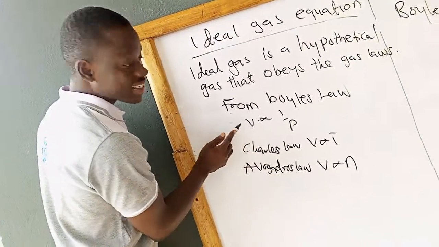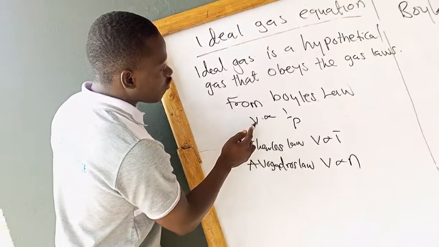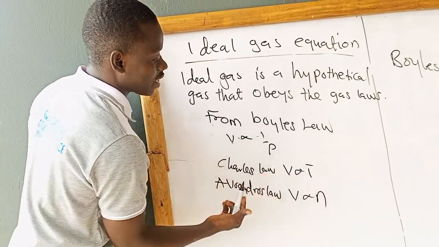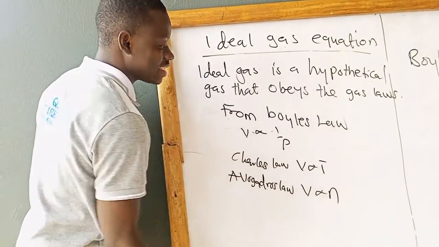So now all of them are either inversely proportional to pressure or directly proportional. There's a proportionality constant here.